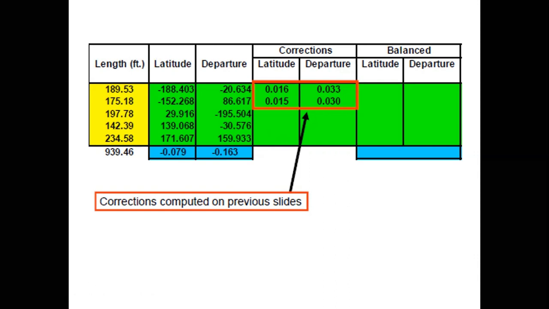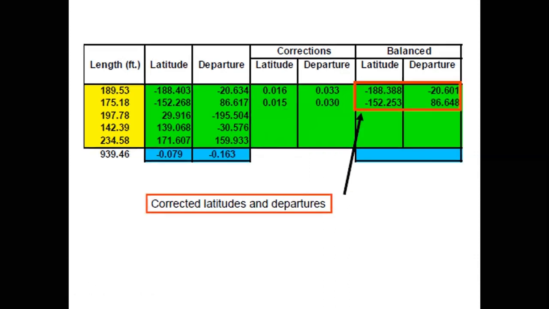Doing the same process for the remaining segments, you can compute the necessary corrections. In order to obtain the balanced values, we simply add this correction to the computed latitude and departure values.